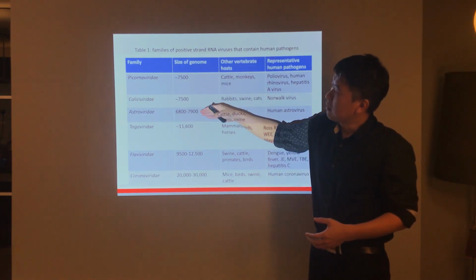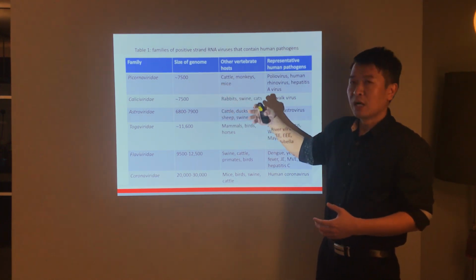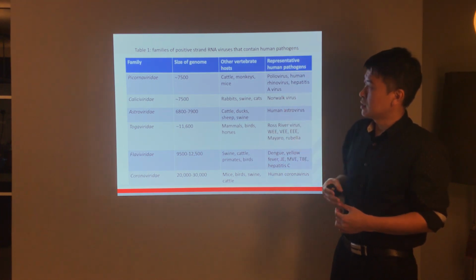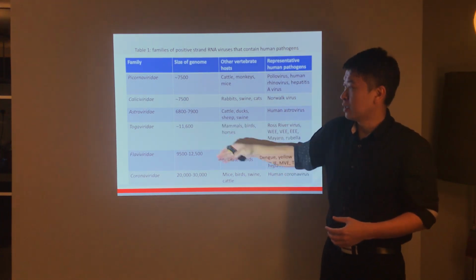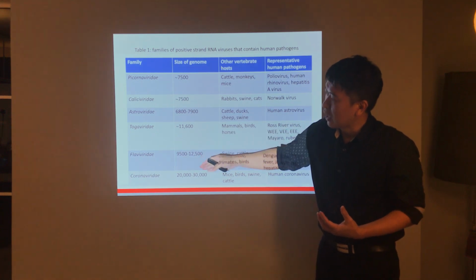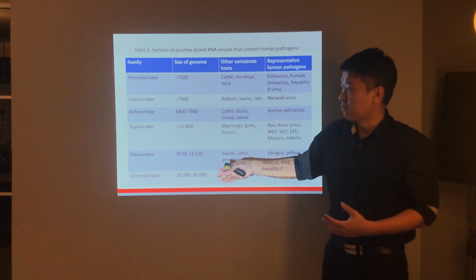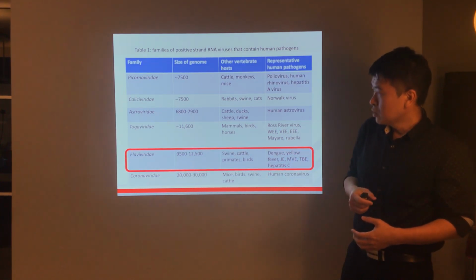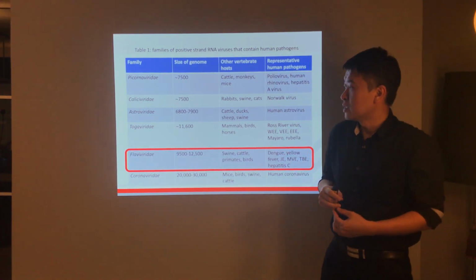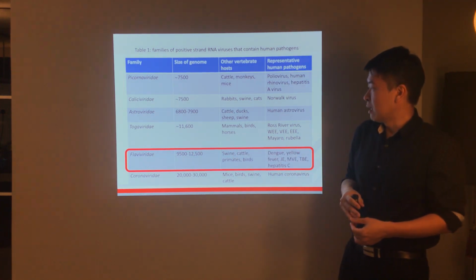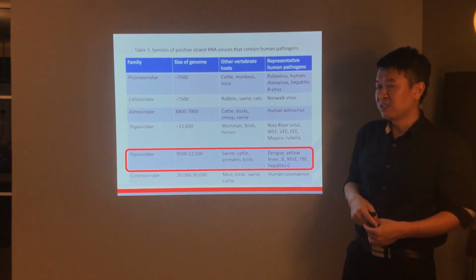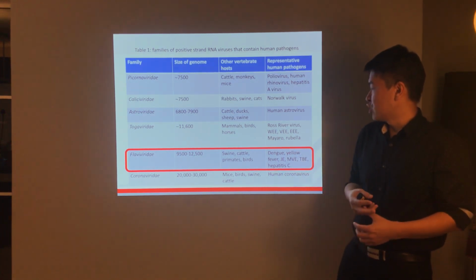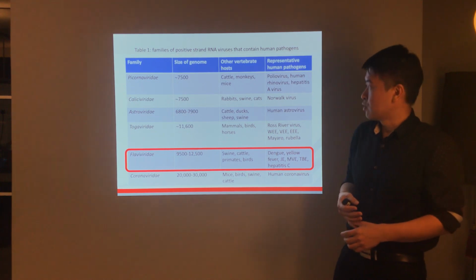These 3 families of viruses are mainly naked viruses that cause human diseases, and we are also going to talk about 3 other families which are enveloped viruses that cause human diseases. The one that we are going to focus on is the Flaviviridae, a family composed of viruses that cause dengue, yellow fever, JE, hepatitis C, and so on.